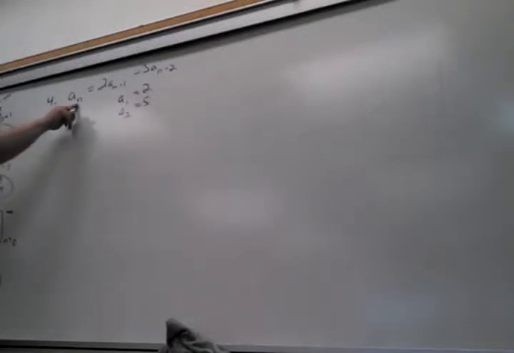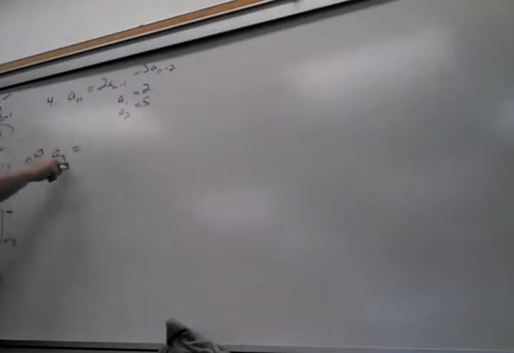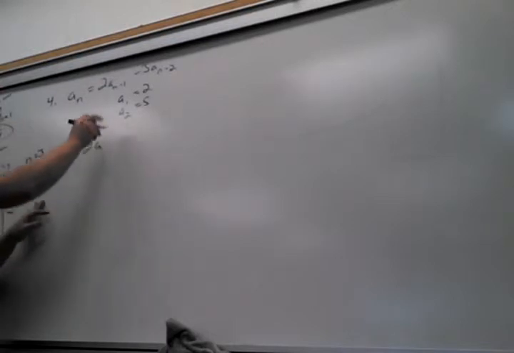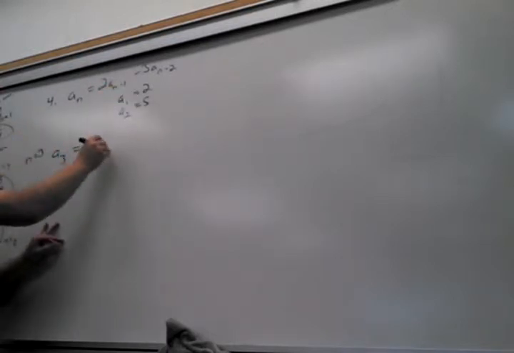So if I want to know what A3 is, what's N? N must be 3 to get A3, right? And now that I know what the value of N is, that's the variable, I just got to plug 3 in for N. So if you start to do that, I know a lot of you guys didn't trust this.